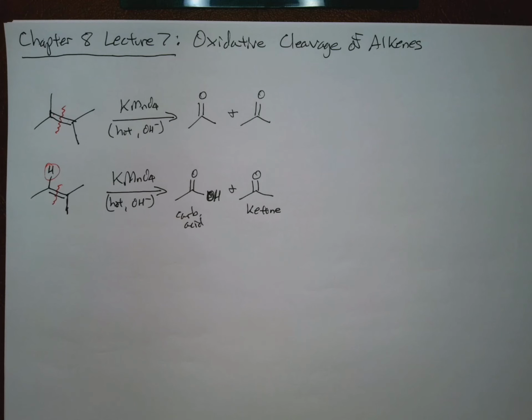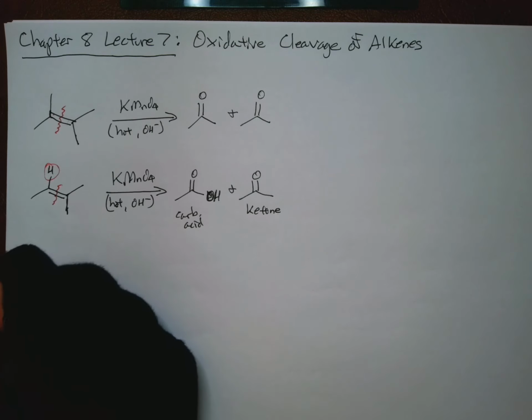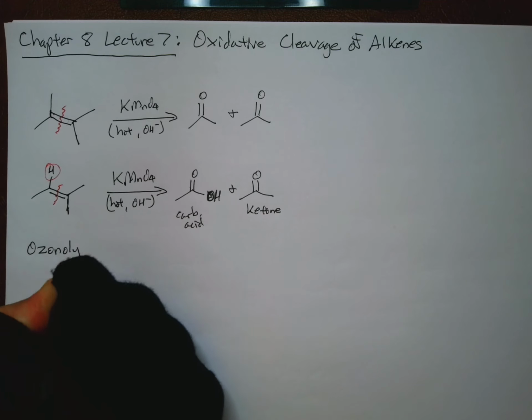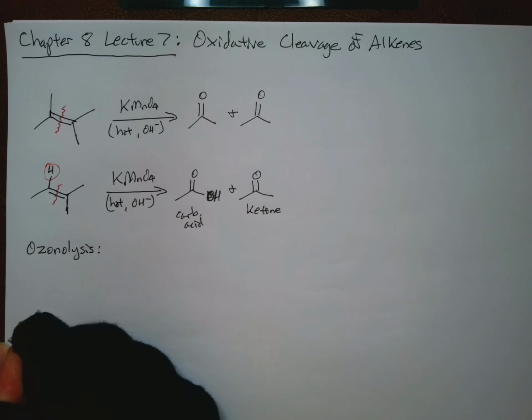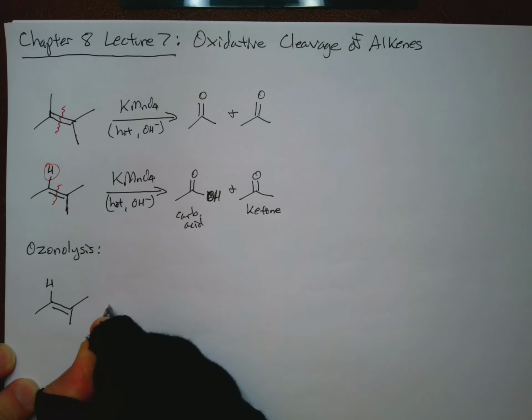Now, there are some other methods of oxidative cleavage of alkenes that won't stop at the carboxylic acid. One of those is ozonolysis. So when you have your own little portable ozone generator, you can do the following.